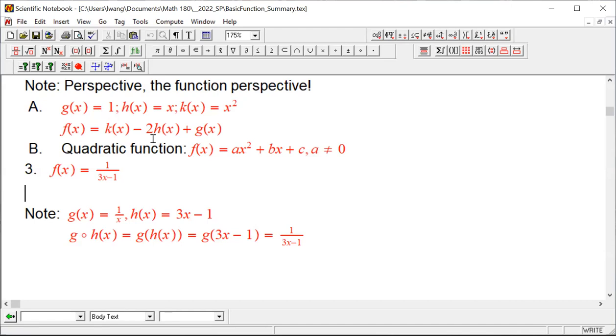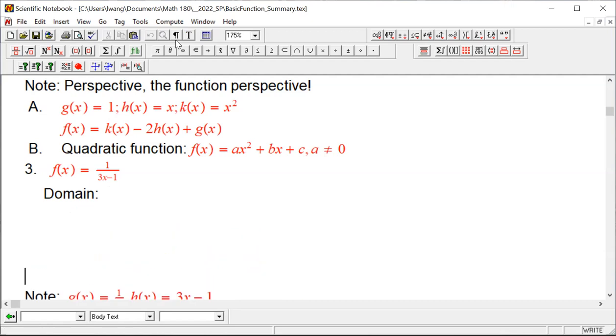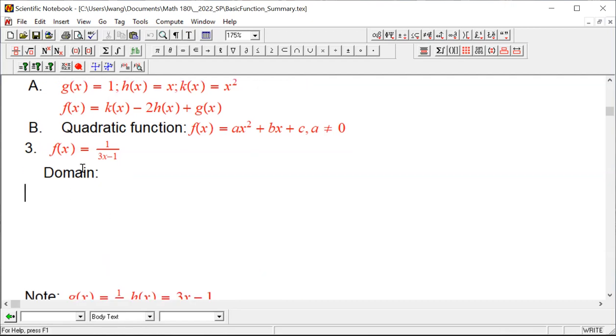And of course, in this perspective, we just want to make sure the denominator is not 0. So to determine the domain, there are 2 ways of setting this up.